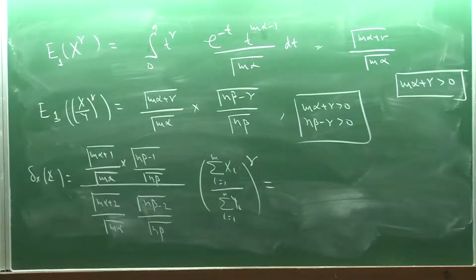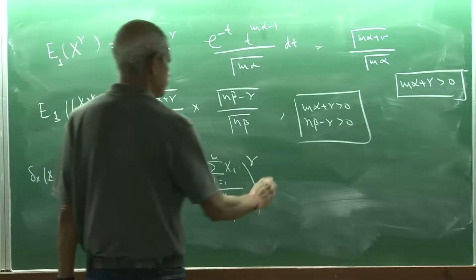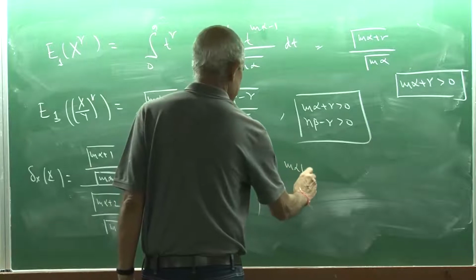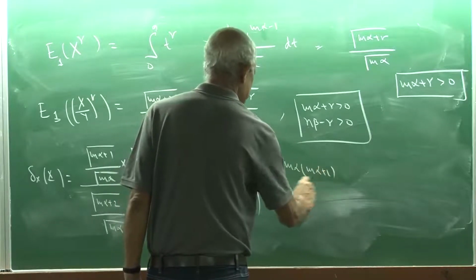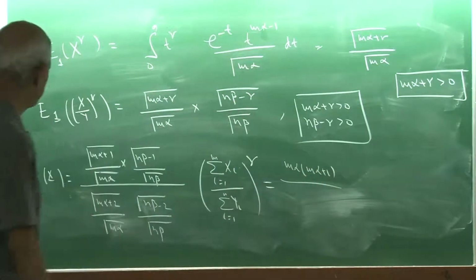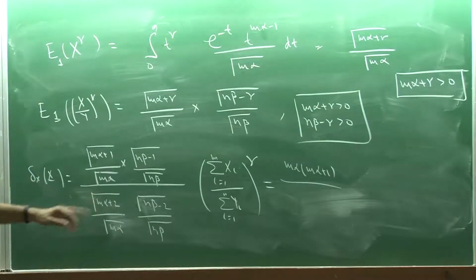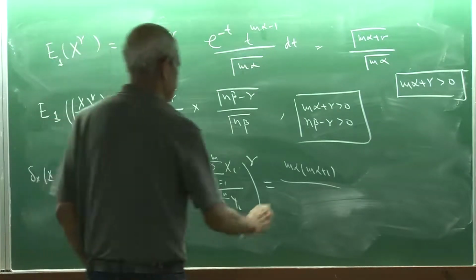So this becomes m alpha into m alpha plus 1 divided by m alpha plus 2 into m alpha.